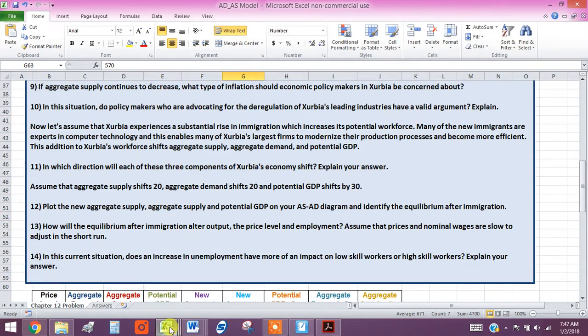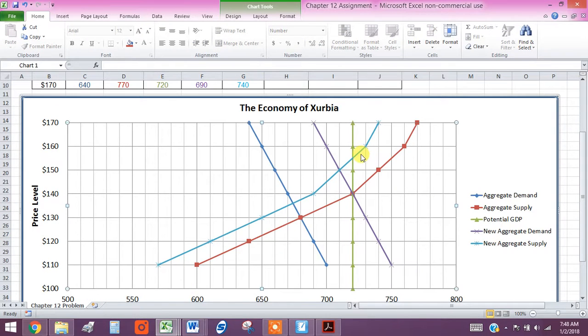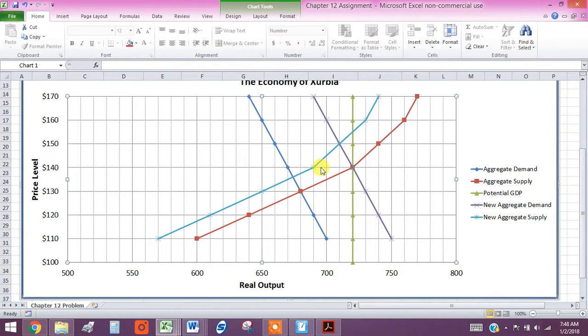Let's go back to the graph we're doing. If we take an output where we are right here and become more efficient at this level of output, that's going to lower our cost. So that's going to shift it this way. Our aggregate supply shifts to the right.